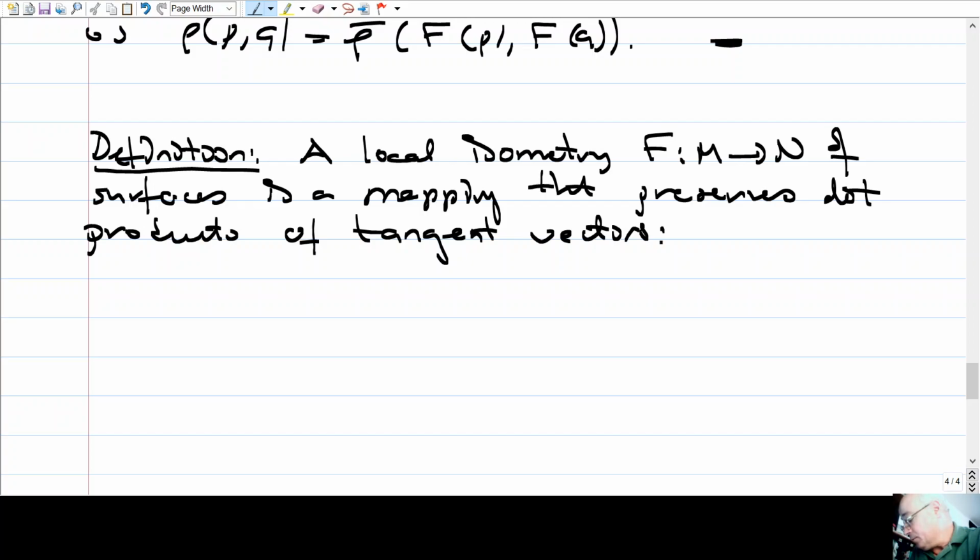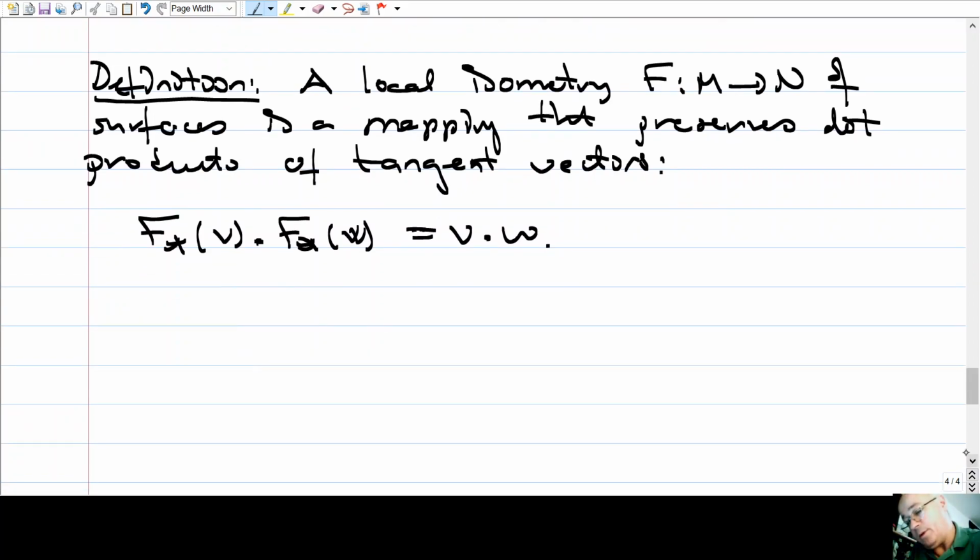It preserves this. So this inner product, sorry, is the same as this inner product. So it is like an isometry, but it doesn't have to be a one-to-one onto map. It doesn't have to be a bijection. However, we do have the following remark.